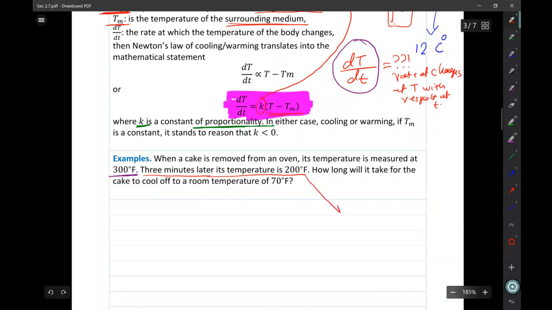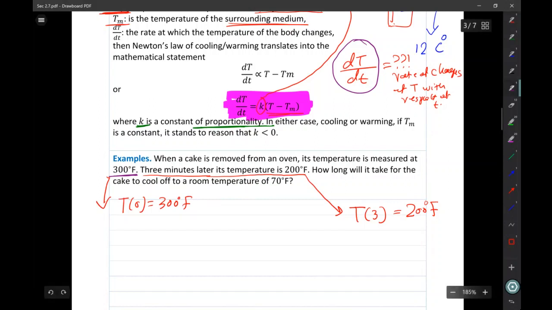What does this mean? That T of 3 minutes is equal to 200 Fahrenheit degrees. But when it was removed from the oven, its temperature was 300. That means T of 0 is equal to 300 Fahrenheit degrees.